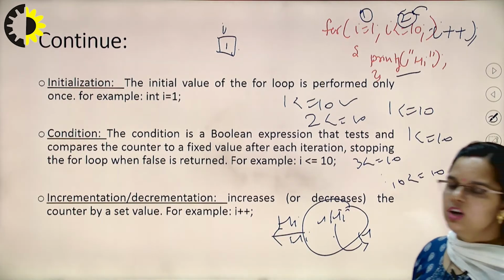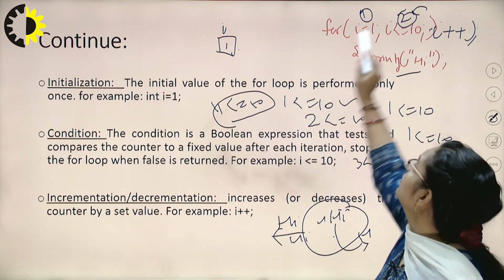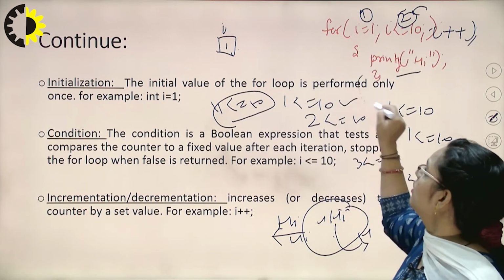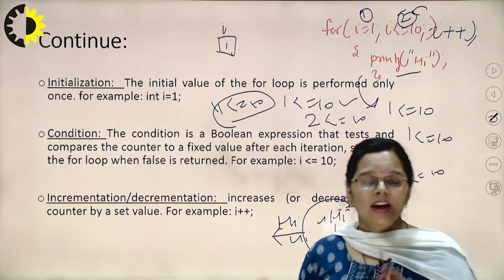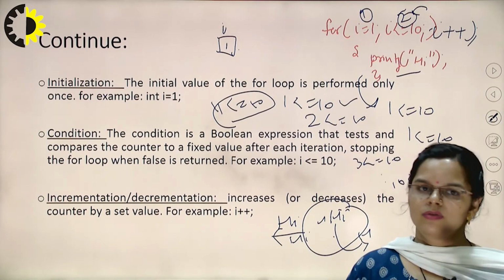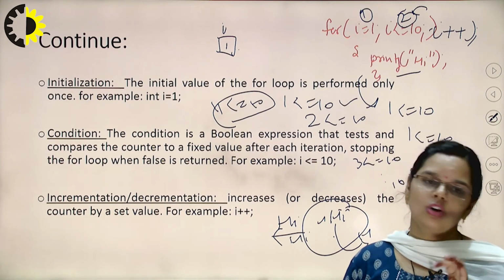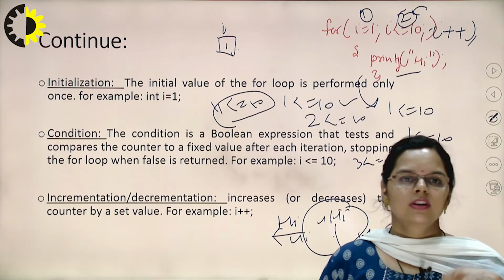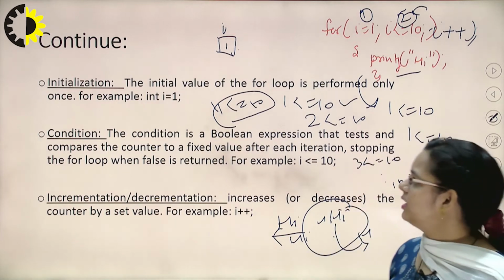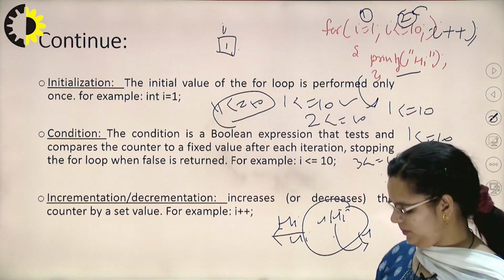The moment the value of I becomes 11 and 11 less than equals to 10, the condition will become false and it will come out of the loop. So the reason why we apply a condition is so that at some point we come out of the loop, right? The loop should not be created in such a way that it keeps revolving inside the loop. So these are the 3 steps which are mandatory to include in loops.